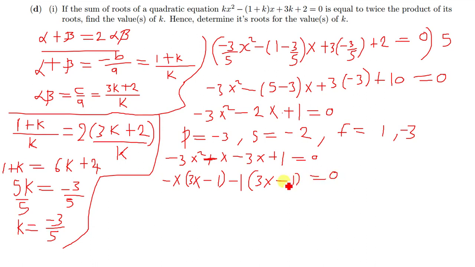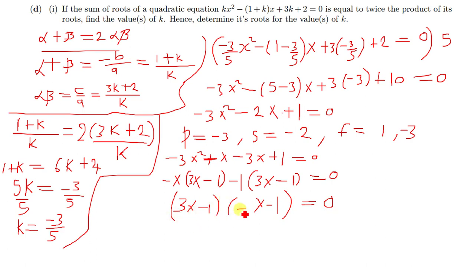And every time you're solving a quadratic equation, if you find whatever that is in the brackets to be different, then you are wrong at some point, so meaning you have to revisit your question. So you're going to have 3x minus 1 in brackets, and then you also have negative x minus 1 in brackets again. So this is what you're going to have.